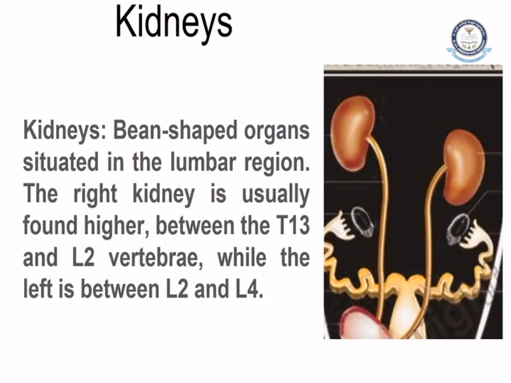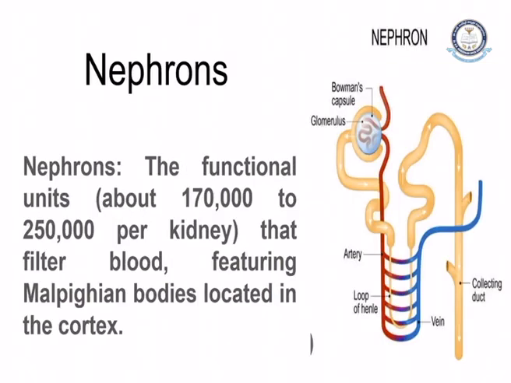So we find a slight change in the placement of kidneys, whereas the right kidney is placed a little higher and the left kidney a little lower. It is the organ having the smallest unit of filtration, which is the nephron.